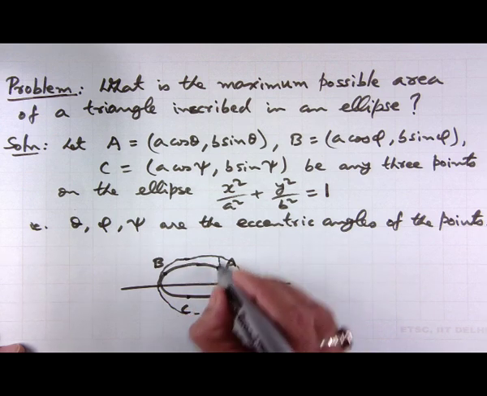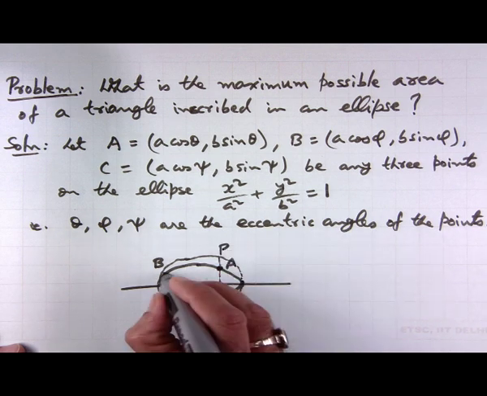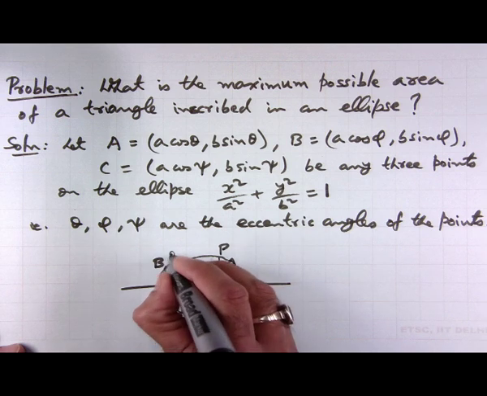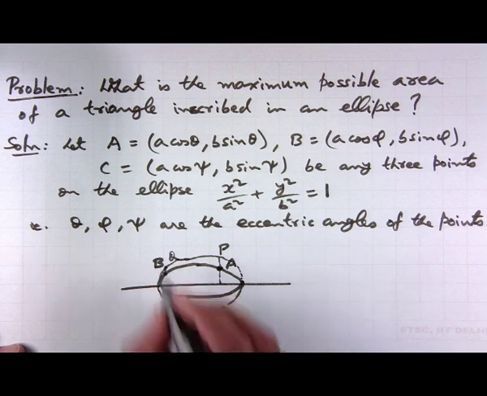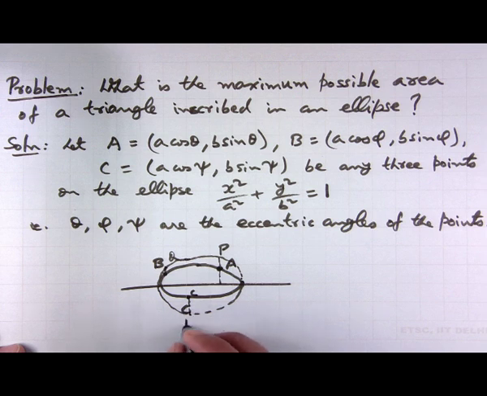So, let us look at this point P, this point Q, and corresponding to C there is a point, this is C and this point is R.